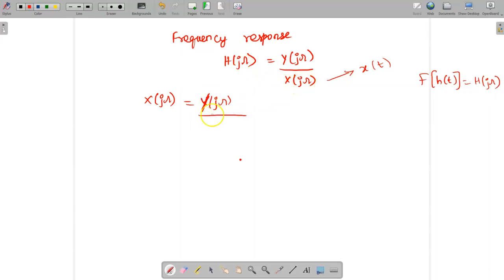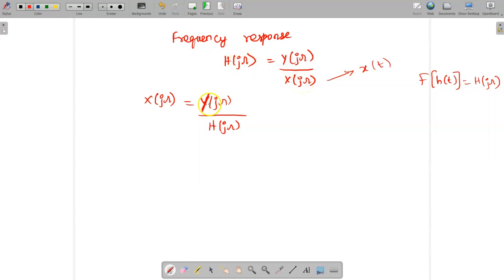Rewrite the formula as H(jω) = Y(jω)/X(jω). We are finding X(jω), so take H(jω) to the denominator on the right-hand side and numerator remains Y(jω).